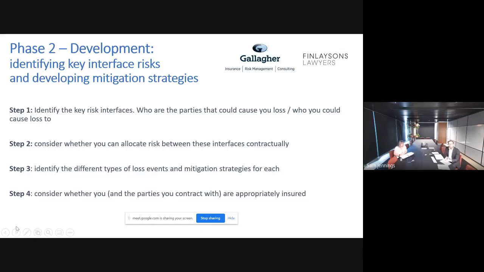Essentially, you're going to have interfaces that you have a contract with, EPC contractor, grid operator, waste facility owner, and you're going to have risk interfaces that you don't have a contract with, such as third parties who could come onto site, neighbouring businesses who could be affected by fires that emanate from your facility, and those sorts of things where you're going to have an uncapped common law exposure. So if we can go through to the next slide, please, Lauren.